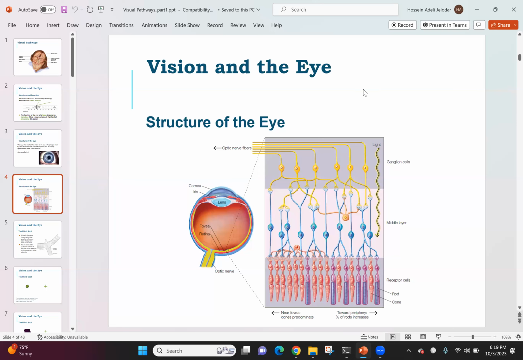What is the main problem that it causes? The main problem is, what is supposed to happen to all these axons leaving the ganglion cells?